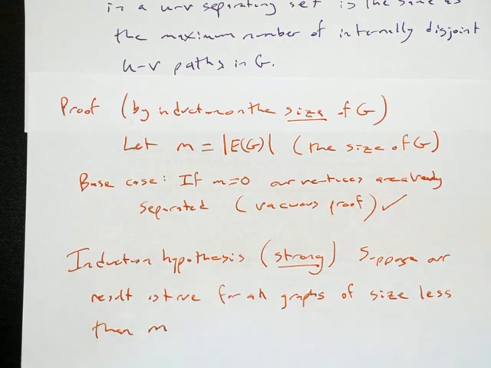Okay, I just realized I said it one way and I wrote it another. I want to assume it's true for all of the values up to M, not including M, and then we'll try and use it to prove M, rather than trying to prove M plus 1.